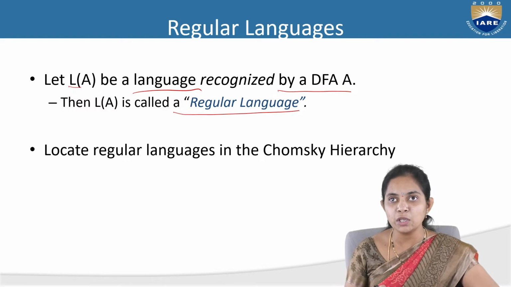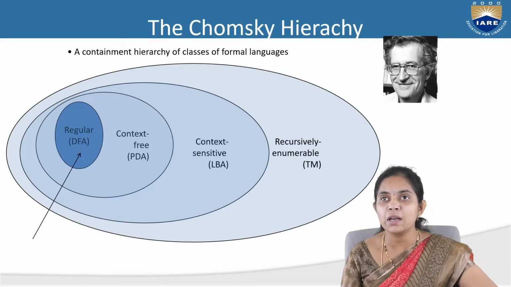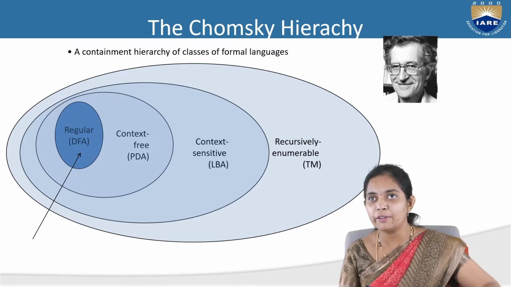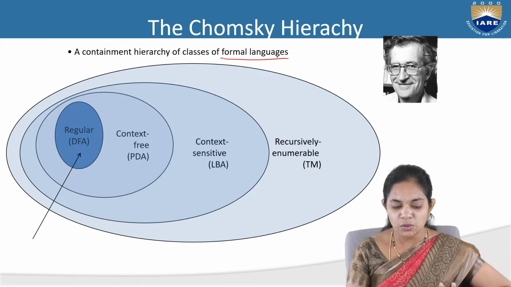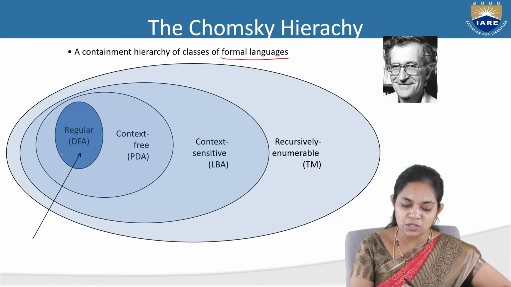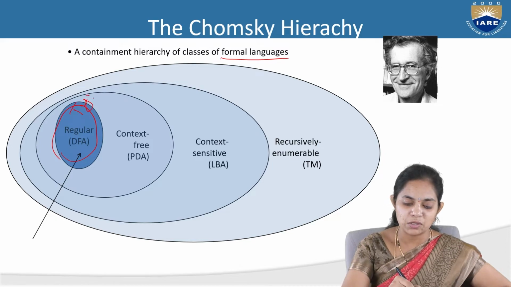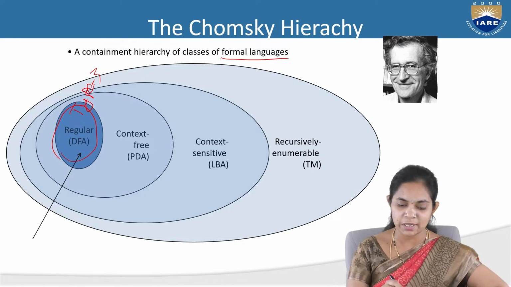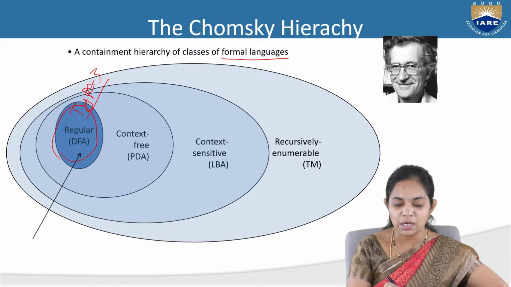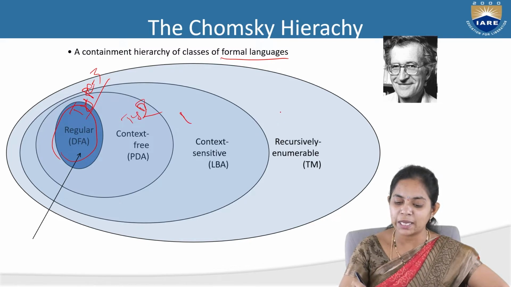And we'll see where this language is located in the Chomsky hierarchy. Here is the overall theory of computation, which deals with formal languages, and this is the hierarchy. In this we have the initial regular languages. We can say it is a type 3 language. In further videos, we can also describe what is meant by type 3, type 2, type 1, and type 0 languages.